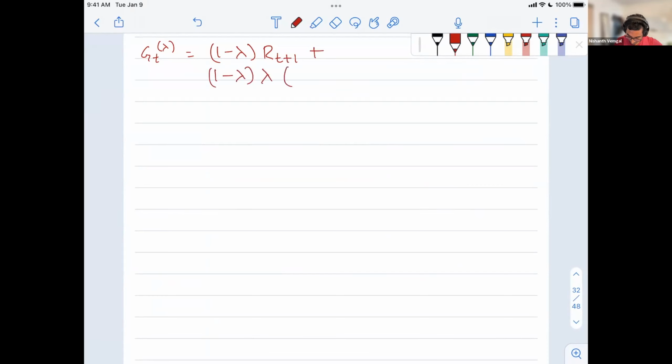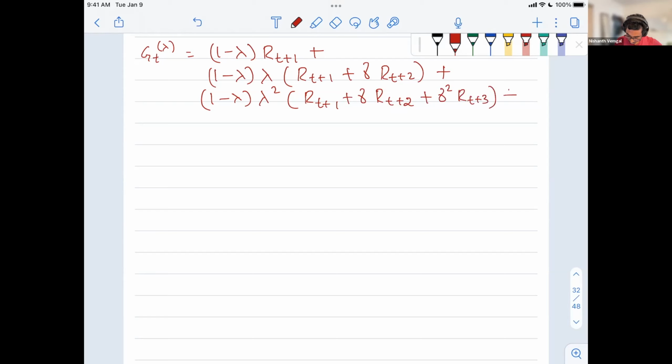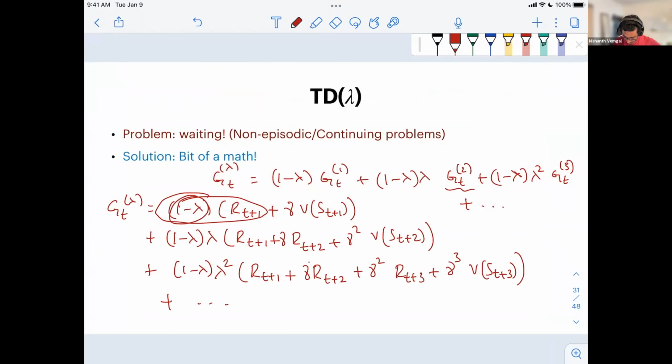Then 1 minus lambda times lambda R(t+1) and R(t+2) coming from the second time step, and so on. These are the reward terms. And for value terms, we have 1 minus lambda times value of S(t+1), 1 minus lambda times lambda multiplied by value of state S(t+2), and so on.